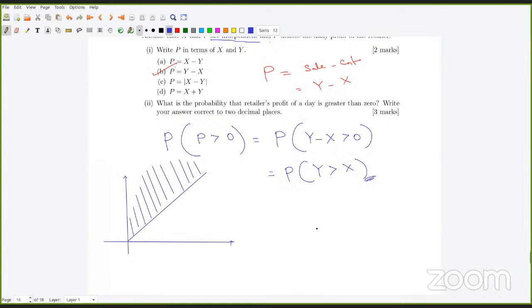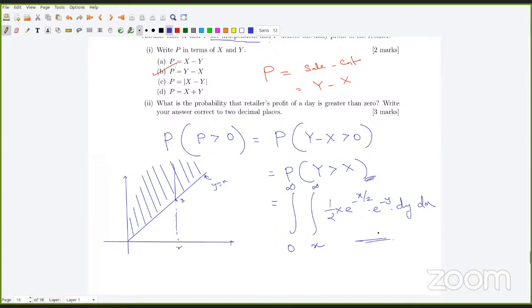So the limits of x are from 0 to infinity, and what are the limits of y? x to infinity. This is y equals x. So y will be from x to infinity. Half e to the power minus x by 2, e to the power minus y, dy dx.